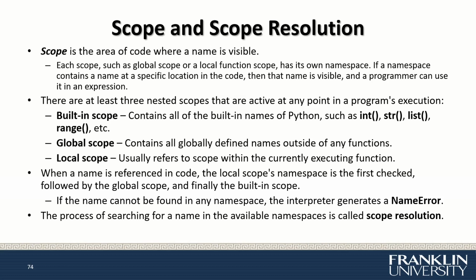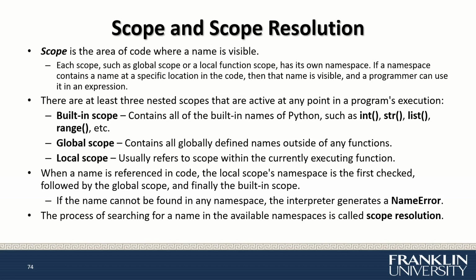Built-in scope, like built-in names such as int, string, list, range. These are built into Python. Global scope contains all the globally defined names outside any function. Local scope contains all the variables, local functions and local variables inside the function.